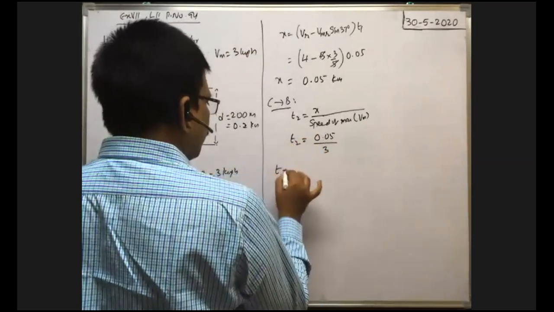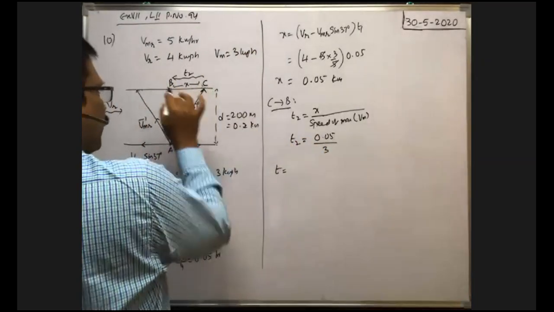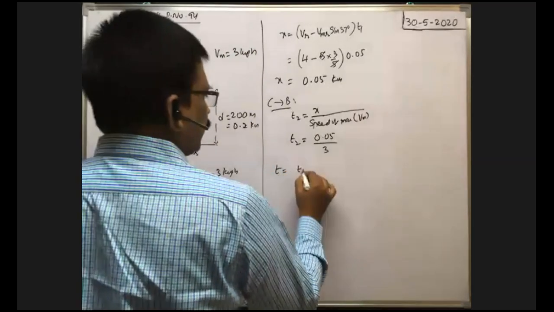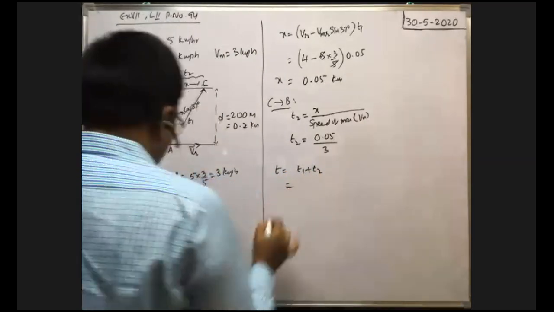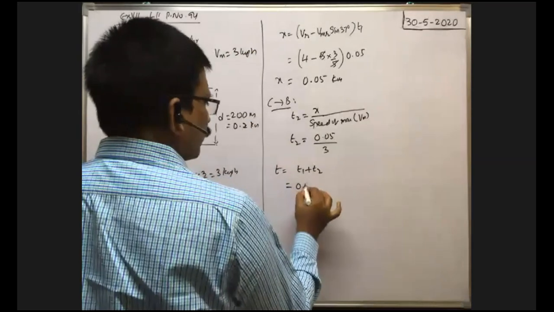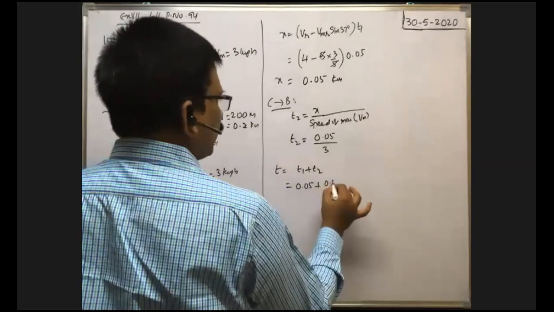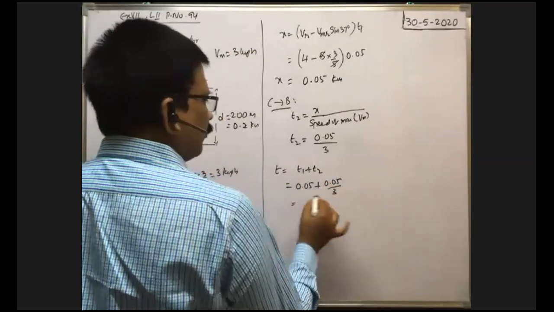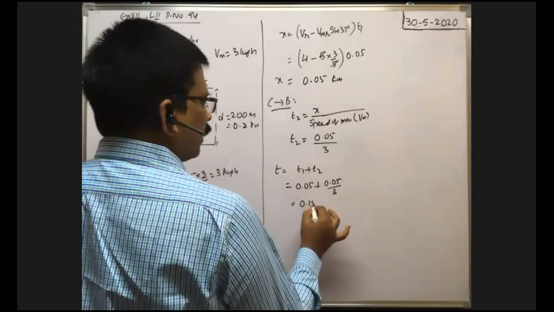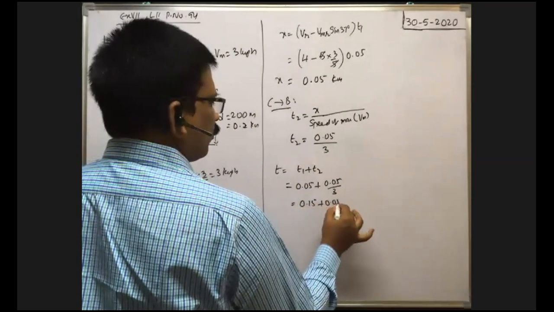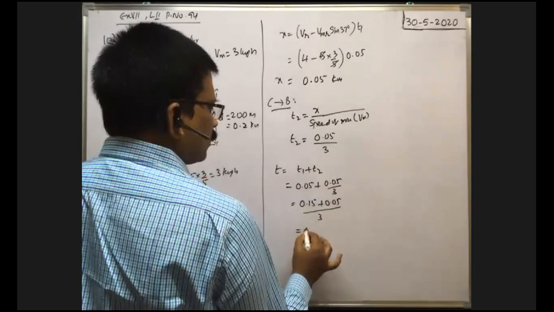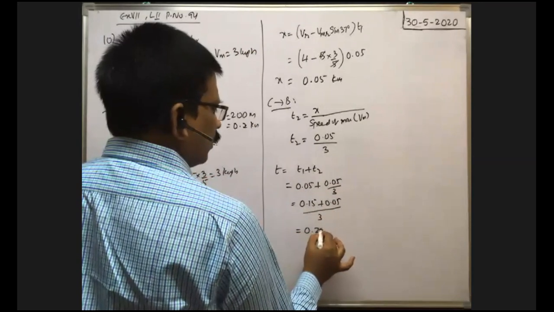Now total time taken to reach the point B is equal to T1 plus T2. Initially I said T1 means 0.05 plus T2 means 0.05 by 3. Therefore, when you take LCM, 0.15 plus 0.05 by 3, that is equal to 0.20 by 3.